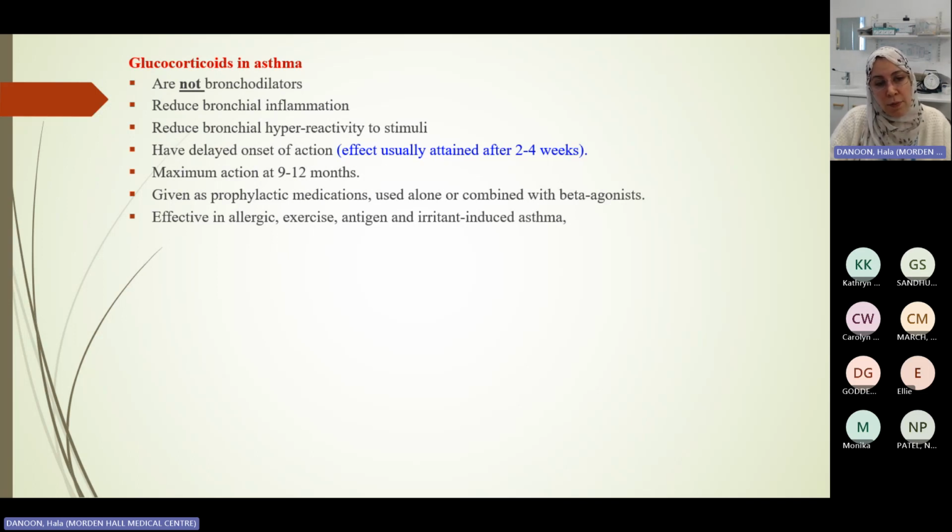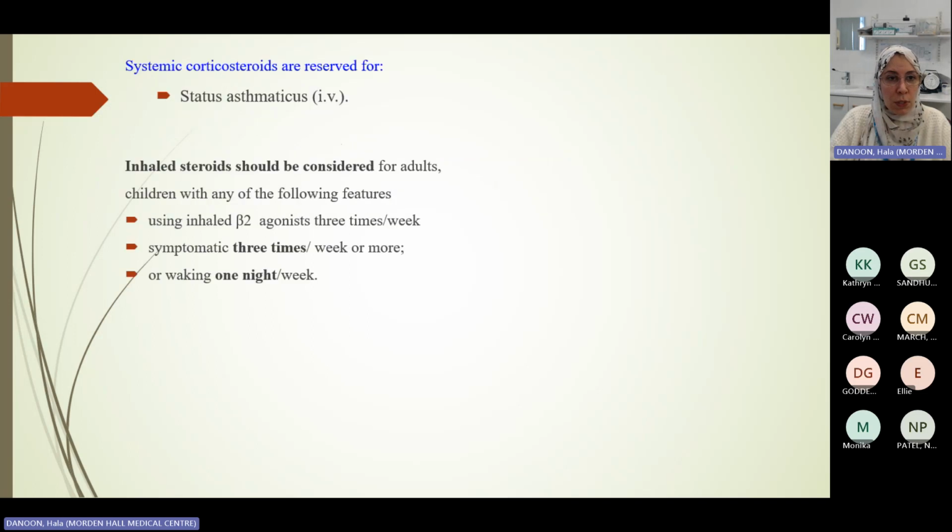So anything that causes inflammation due to an allergy can benefit from the glucocorticosteroid. Some steroids can be used IV, but that is mainly for status asthmaticus. Inhaled steroids should be considered for adults or children with any of the following features. If they're using beta agonists 3 times a week or more, because that's a sign that their asthma is not very well controlled.